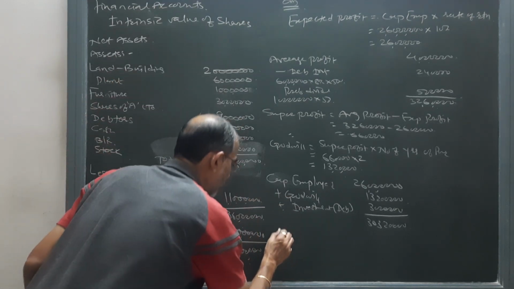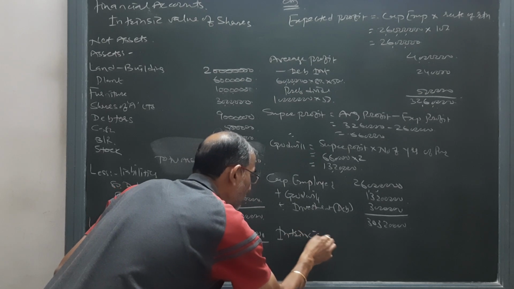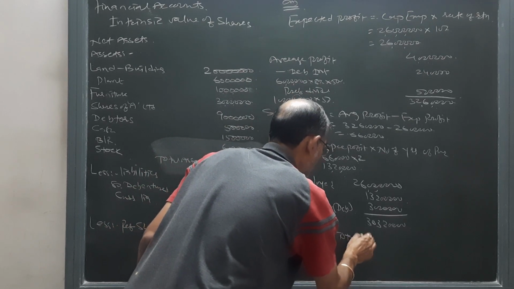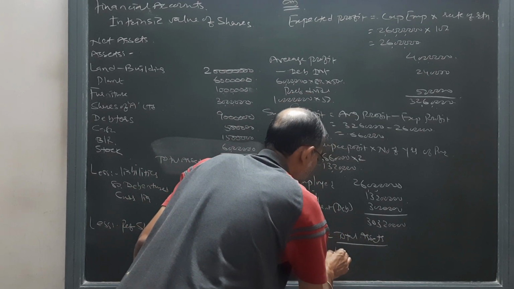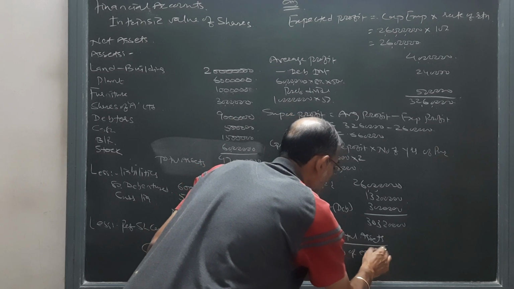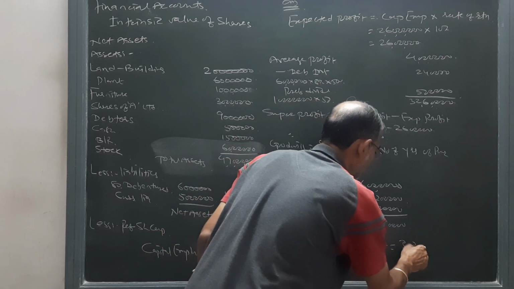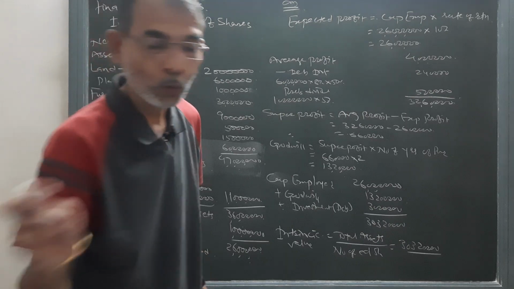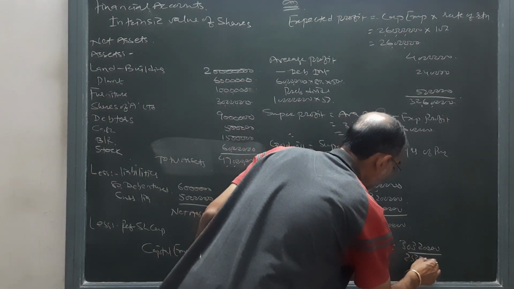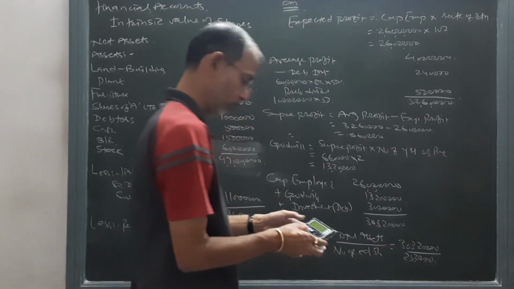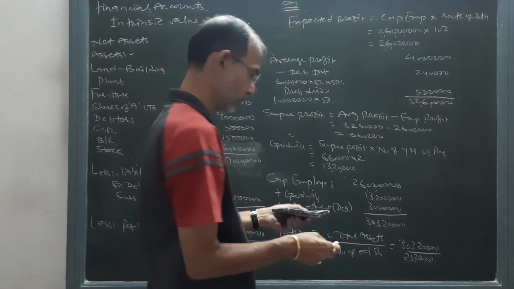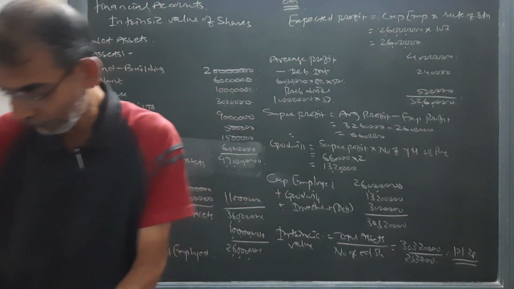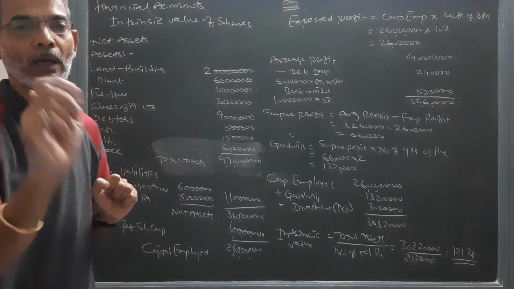Now intrinsic value of shares is equal to total assets divided by number of equity shares. So 3 crore 3 lakh 20,000 and equity shares are 2 lakh 50,000. So 121.28 will be the intrinsic value of equity share.